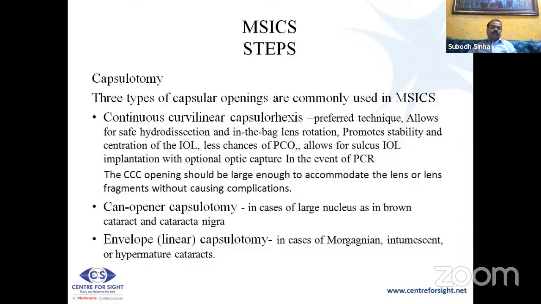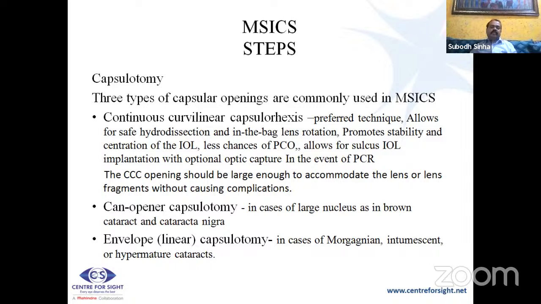In case of PCR, you can go ahead with IOL implantation and optional optic capture. But you have to remember that your CCC opening should be large enough for the prolapse of the nucleus. Can opener capsulotomy is used in a situation where the nucleus is large, as in brown cataract or black cataract.